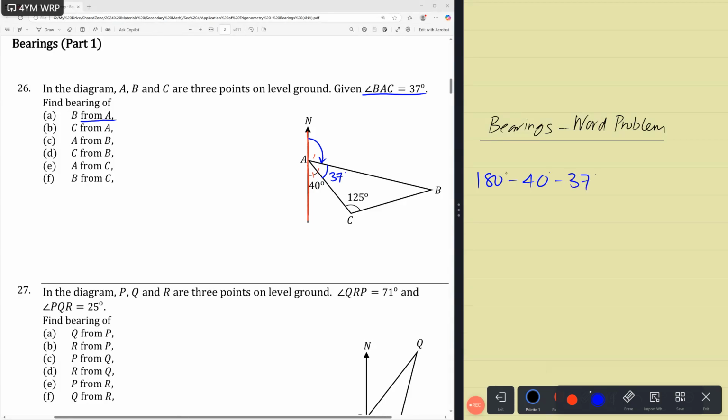Okay, use your calculator and then you will get your answer. And the bearing is equal to 103 degrees. Okay, so this is our first part, part A. Let me rewrite this. So this is 37 and this whole angle is 103 degrees.